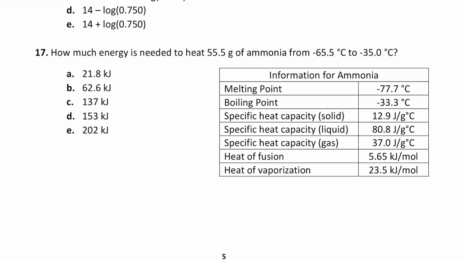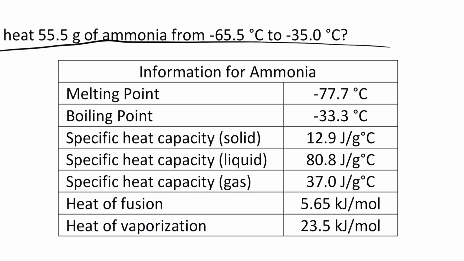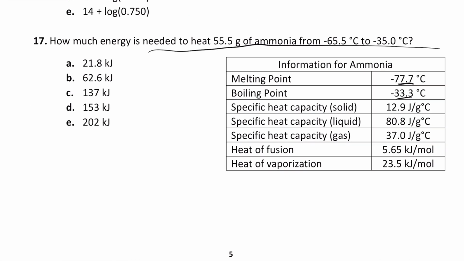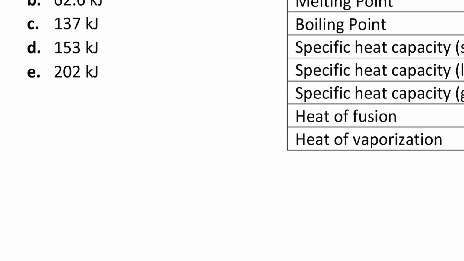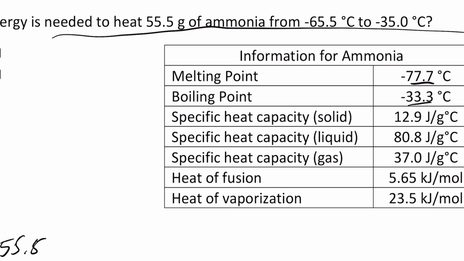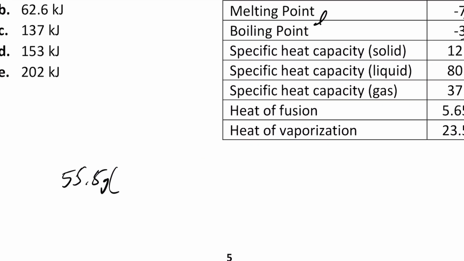How much energy is needed to heat 55 grams of ammonia from negative 65.5 to negative 35.0? So let's look at the melting point and boiling point, right? So this is negative 77. This is negative 33.3. So it's not even a phase change. It's just heating it up. So you need to do 55.5. This is in the liquid state, right? So you need the liquid value.